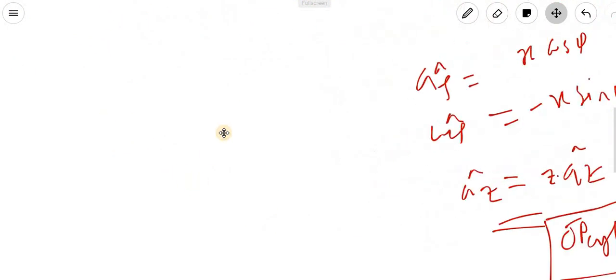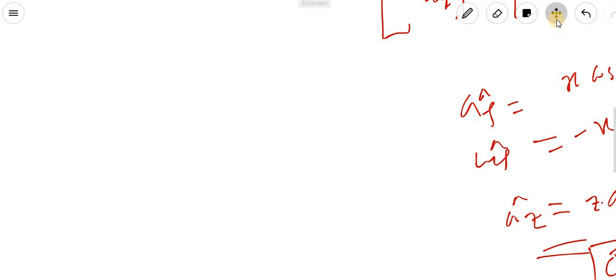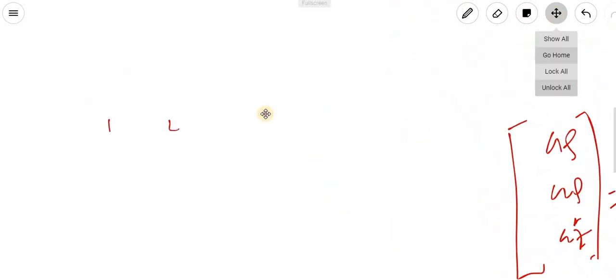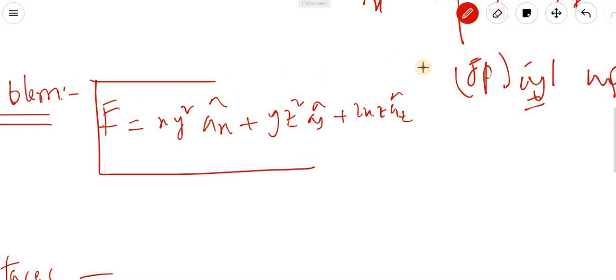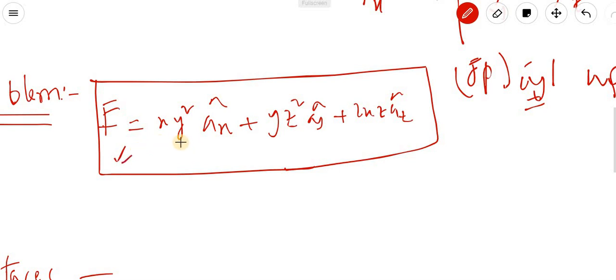In the same way I am giving one problem to you. This is the problem: a vector field is given, x y square a x plus y z square plus 2xz.